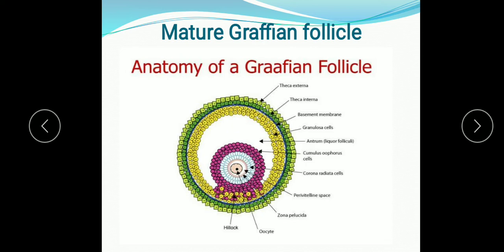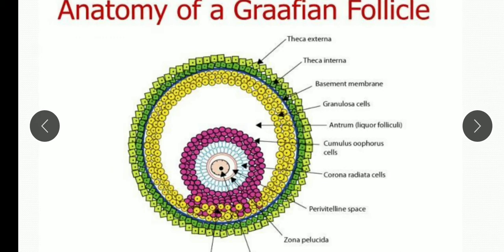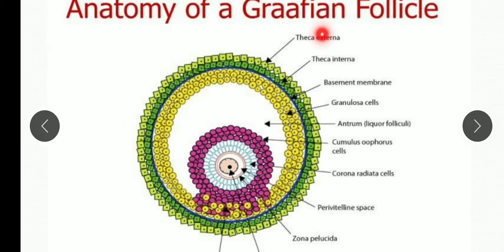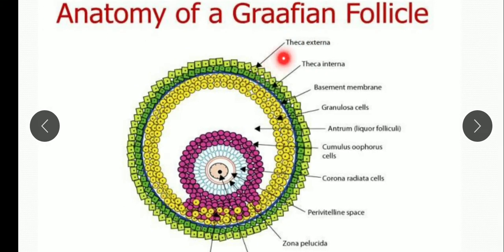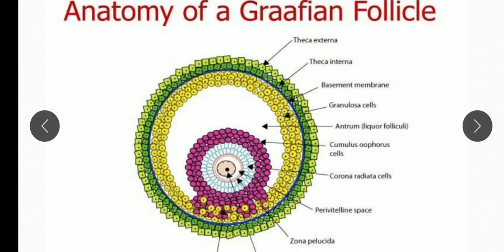As I said, the surrounding granulosa cells form the layers. The outermost layer is known as the theca externa, and inner to it is the theca interna. Inner to the theca interna, some spindle shaped cells are also present, and a basement membrane is also there.